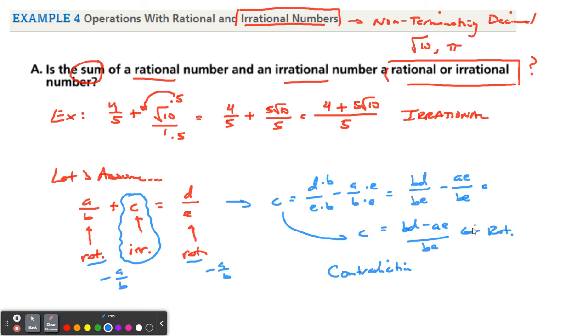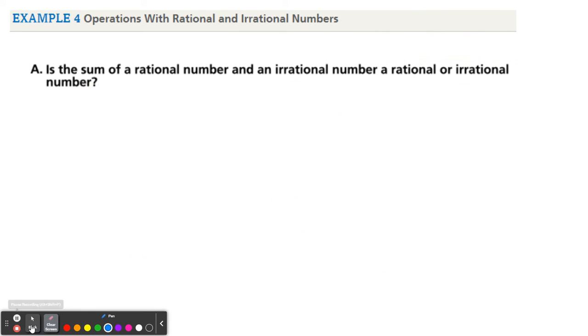We said C is irrational, but when we did the work, we got a rational number for C. So that's our contradiction.